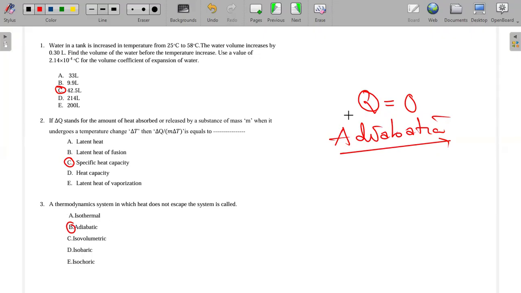Here we are talking about the heat. There's no addition of heat, which means there's no heat escaping the system. They've also talked about isovolumetric, which means the volume is constant. Isobaric means the process is taking place at a constant pressure.